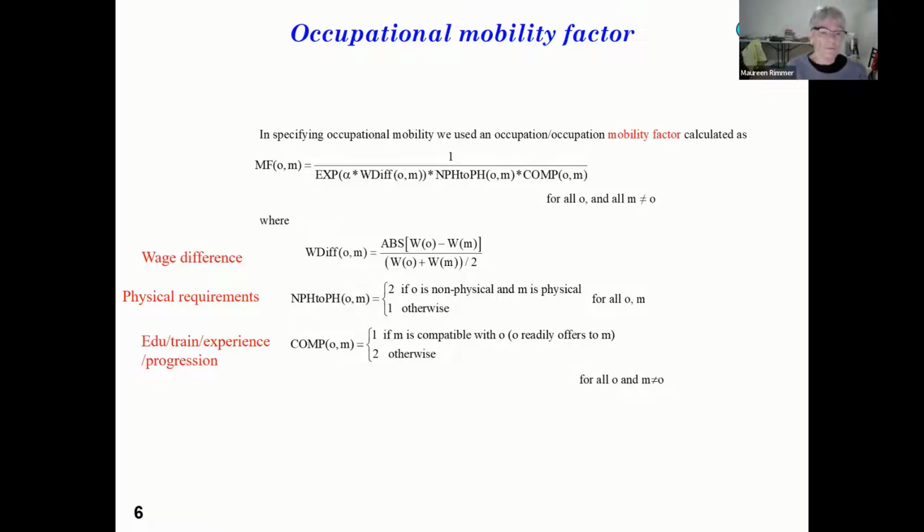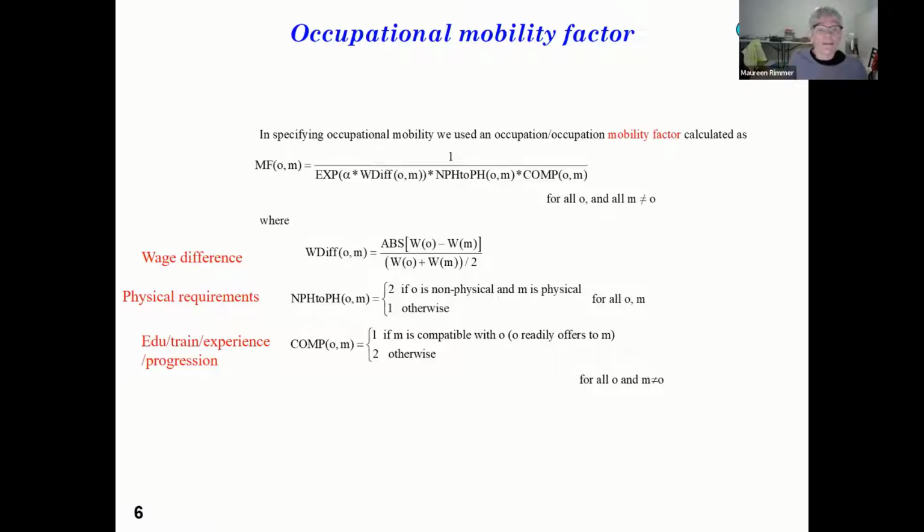The third term is a compatibility in education, training, experience, and progression. Ideally, if the occupation M is a lot like occupation O, you get the number 1. If you need the same sort of experience, education, and training, or they are close to each other in industry progressions, occupational progressions, then you get the value 1. For all other occupations M, you get the number 2.